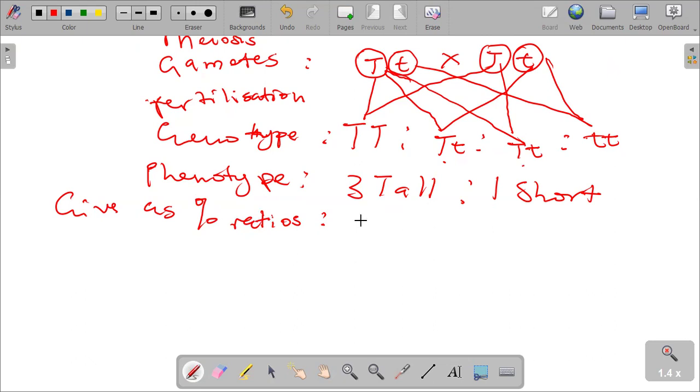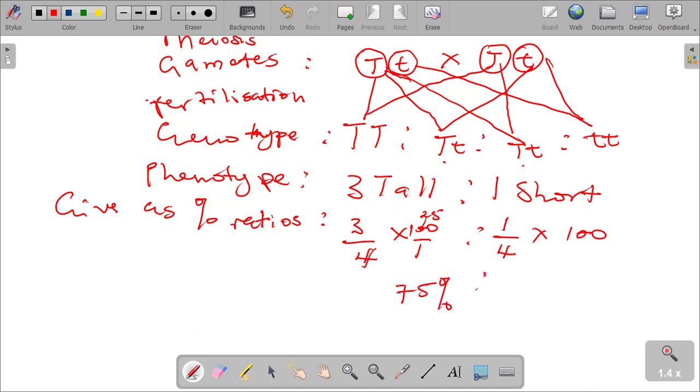We said that it is going to be chance factor of tall is 3 over the total ratio 3 plus 1, which is 4, times 100 over 1, and the chance factor of short over the total ratio 4 times 100%. That gives us 3/4 of 100. 4 into 100 is 25, and 25 times 3, we have got 75.